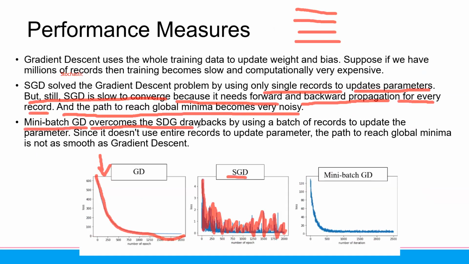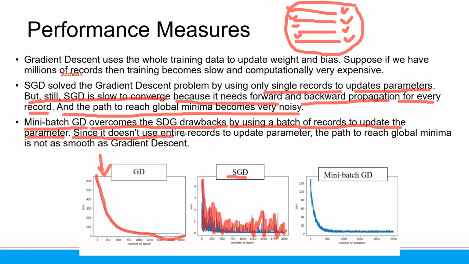It overcomes the SGD drawbacks by using a batch of records to update the parameters. So SGD uses every single record to update the parameters, but the mini batch gradient descent uses a mini batch like this one. Maybe I would like to use 4 records, then I will use 1, 2, 3, 4 as one set to update the parameters.